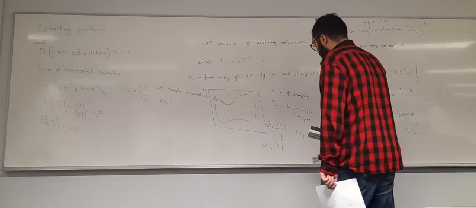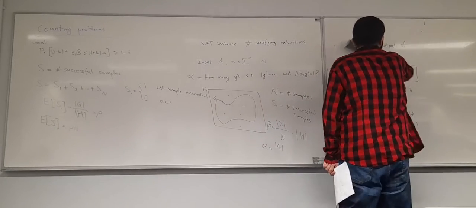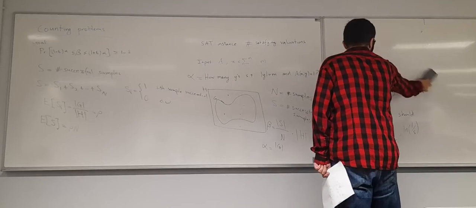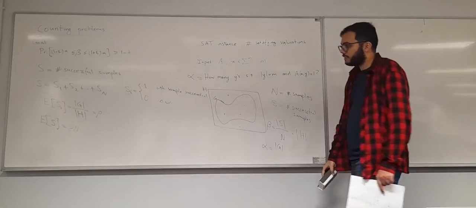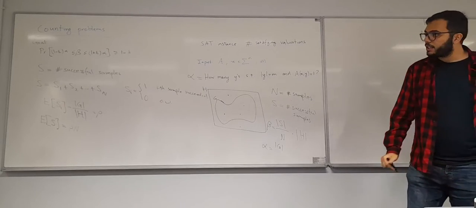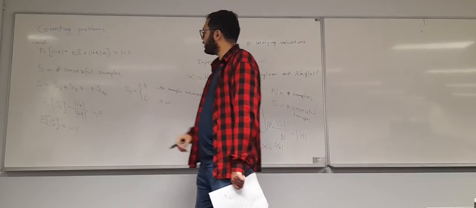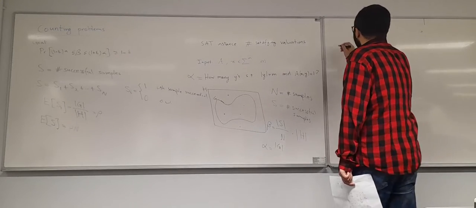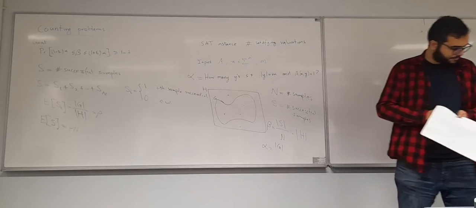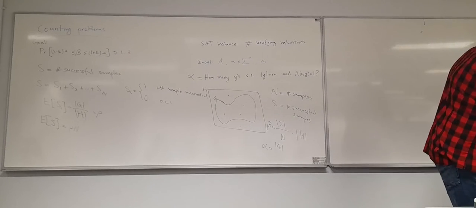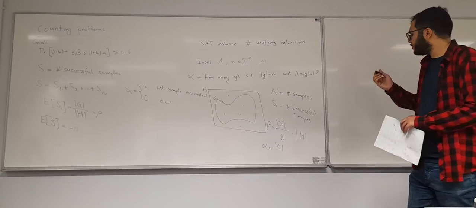So let's see. Okay. In other words, let's just write this probability in a different way. So I want the probability. Okay, that's my probability of success. Let me write my probability of failure.